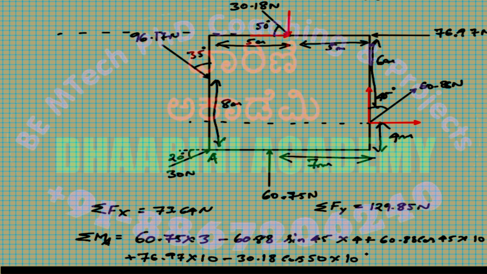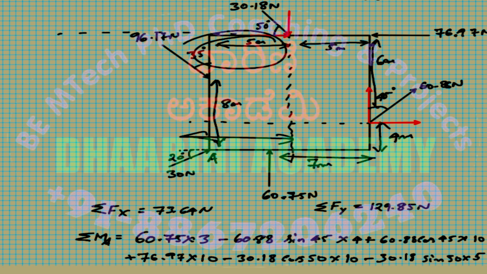And the vertically downward component is also negative, 30.18 sine 50 into the distance along the x-axis, 5 meters, so that is the shortest distance. That is what is shown in the given diagram. Then both the forces are taken care of.